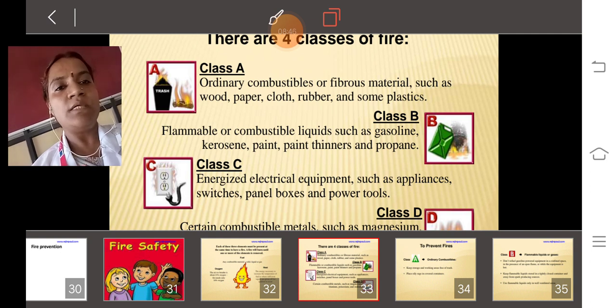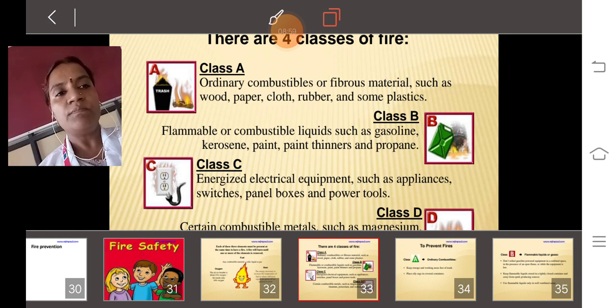The second category is class B. In class B, the flammable or combustible liquids such as kerosene, paint thinner and propane. These all come under class B.